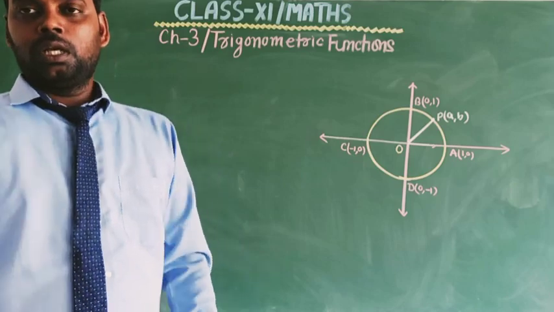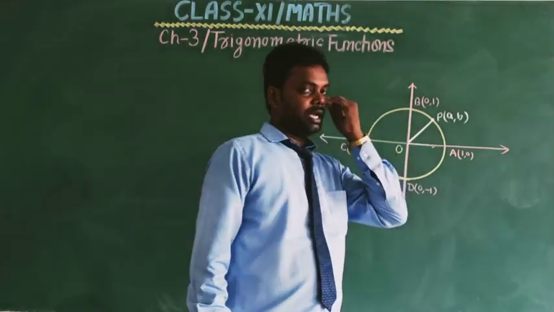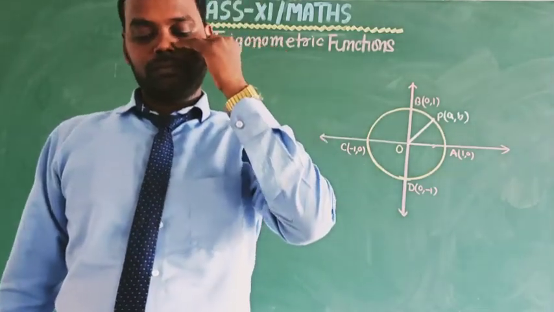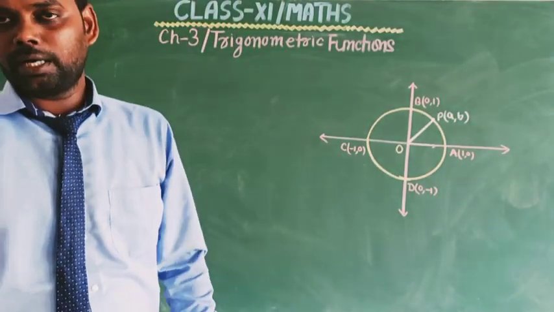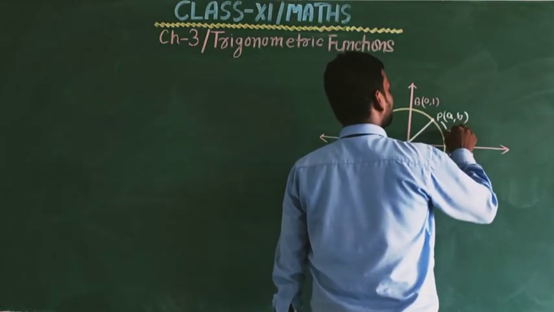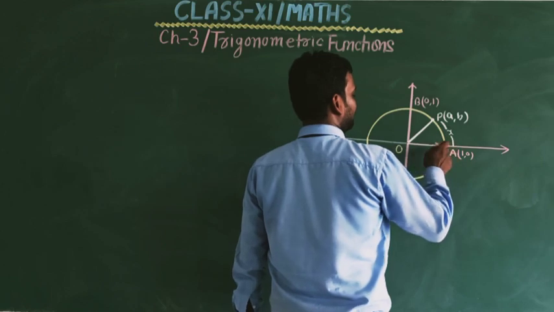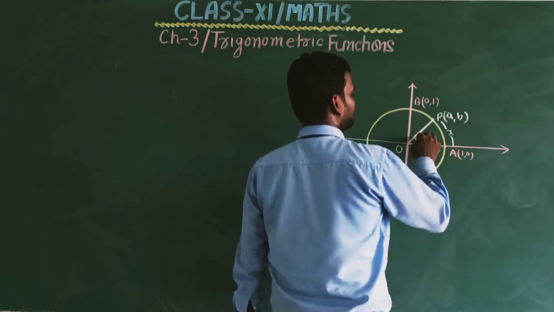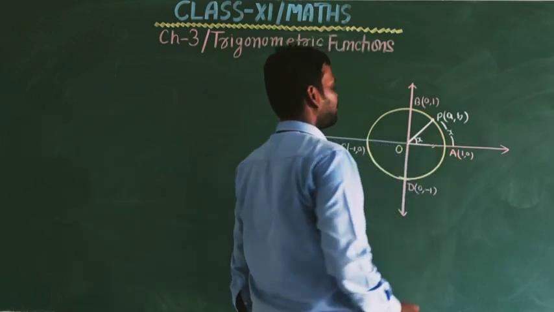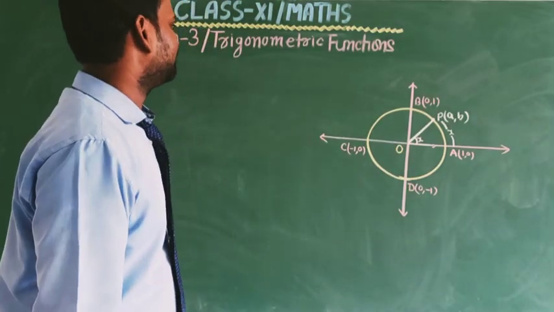The length of arc AP is x. The length of arc AP is x and angle AOP is x radian.